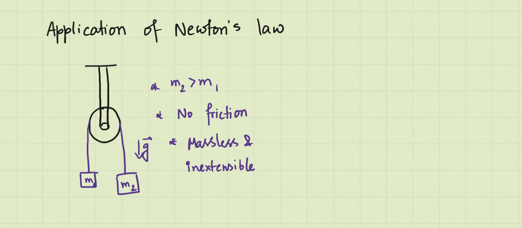Okay, so in this case we have to find out, let's say there is a distance here, the distance where we have allowed the objects to fall, or the system to go on from a static to dynamic situation.